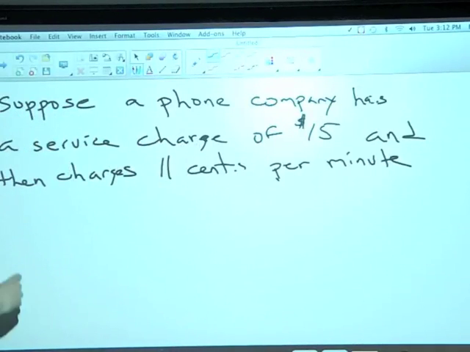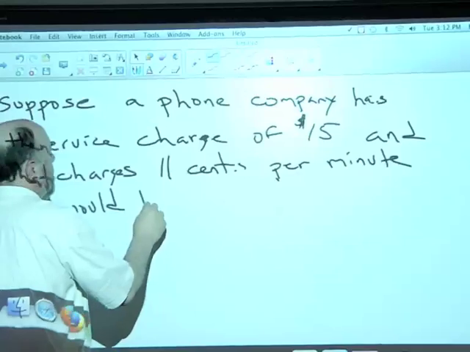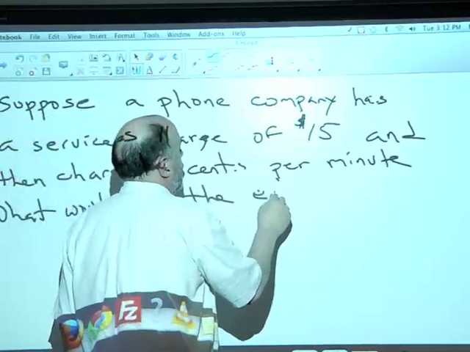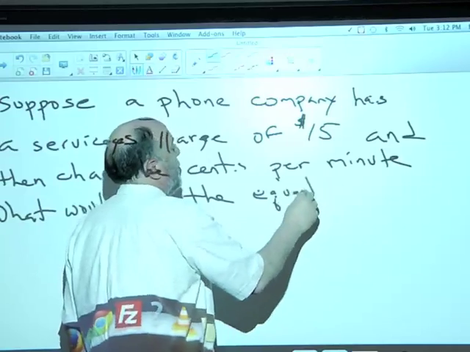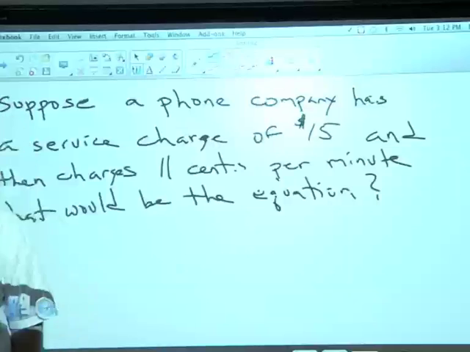So first off, what would be the equation for this? So what would be my equation that represents what's going on here?